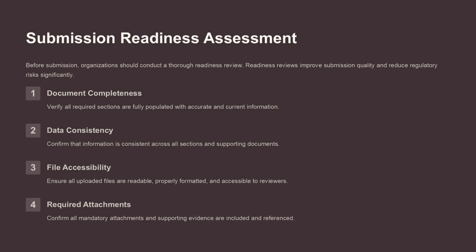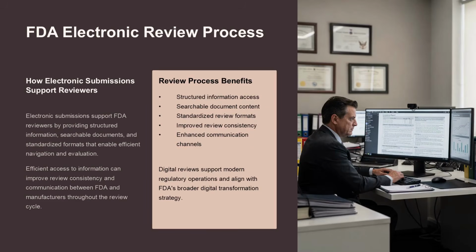Before submission, organizations should conduct a thorough readiness review. This improves submission quality and reduces regulatory risks by ensuring document completeness, data consistency, file accessibility, and required attachments. Electronic submissions support FDA reviews through structured information access, searchable document content, and standardized review formats.